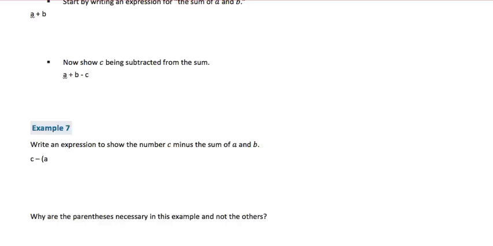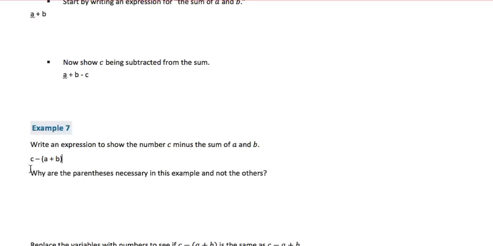The sum of a and b is the total that we get when we add a and b together. The parentheses are necessary in this example because we are subtracting the sum of a and b. So the wording of our problems dictates.